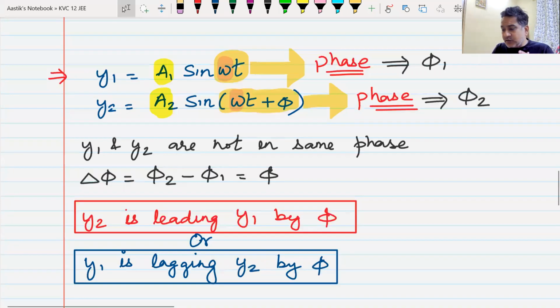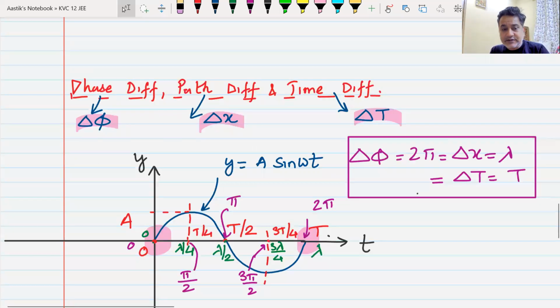We had seen the equation of a particle executing SHM or a wave, and what we mean by phase, leading, lagging, and displacement. We also saw in the last class what we mean by phase difference: difference in angle is phase difference, then path difference, and time difference. Do we remember this? Yes or no?